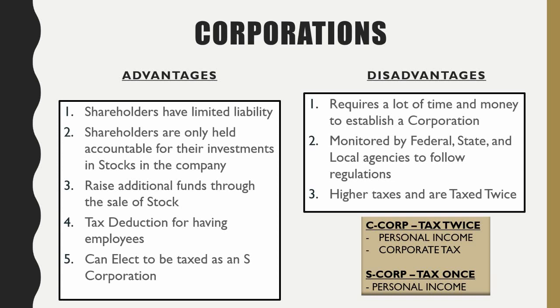Other things too, of course, we'll talk about this towards the end of this chapter, but you are monitored by the federal government at all times because corporations are the ones that are most likely to be more corrupt than a small business, right? Because they get so much money, they get trillions of dollars a day. And think about it. You're investing into this $1 trillion company, but what are they really doing with that $1 trillion?